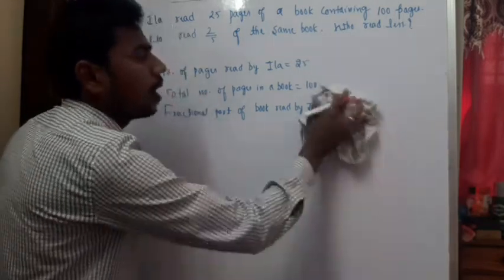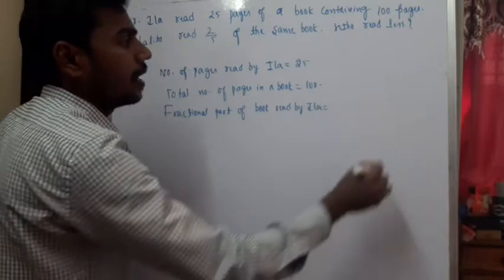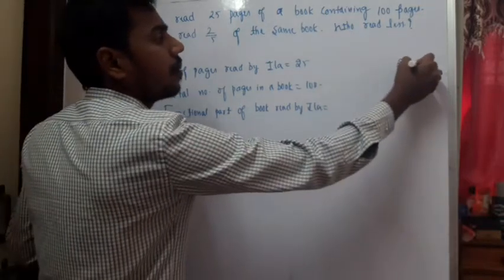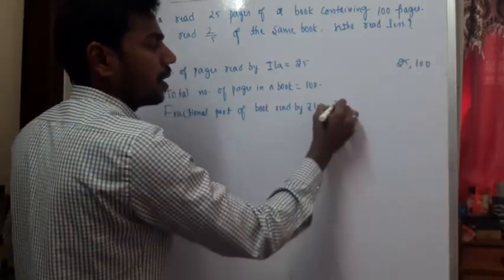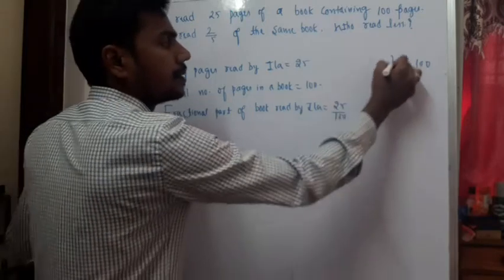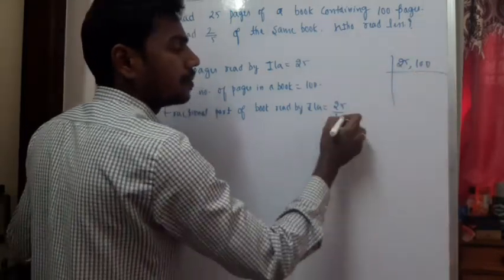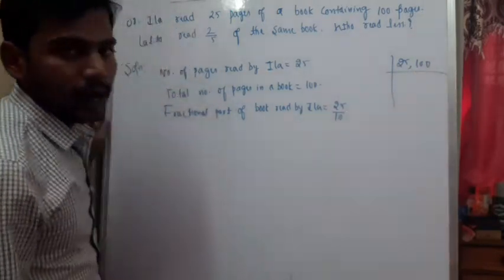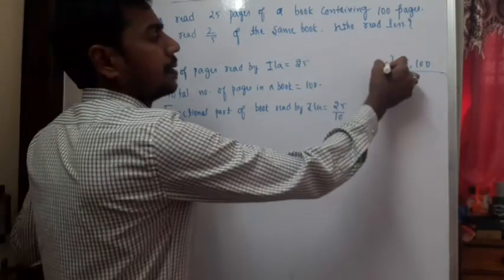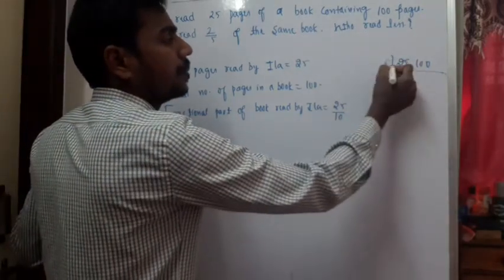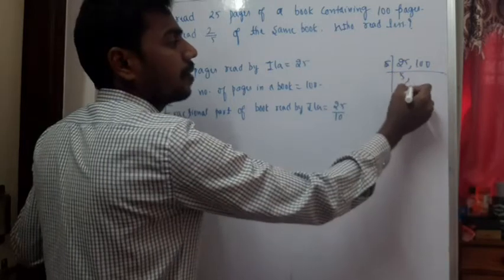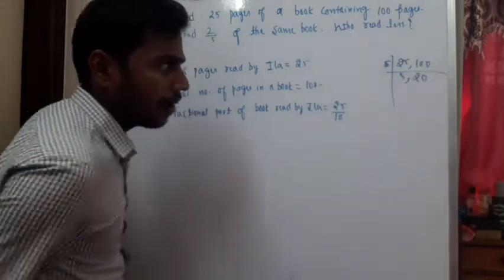So how can we do it? Take the LCM of numerator and denominator. So 25 by 100. Start with 5, the smallest prime number which can divide these two numbers. 5 5s are 25. 5 20s are 100.